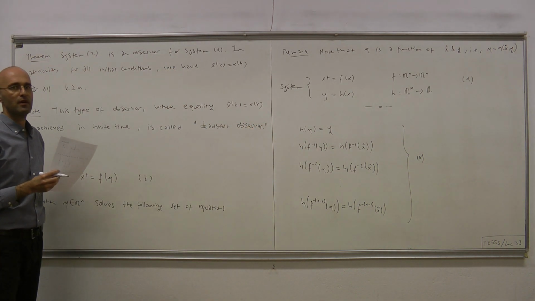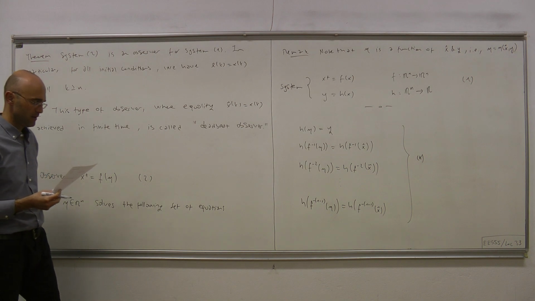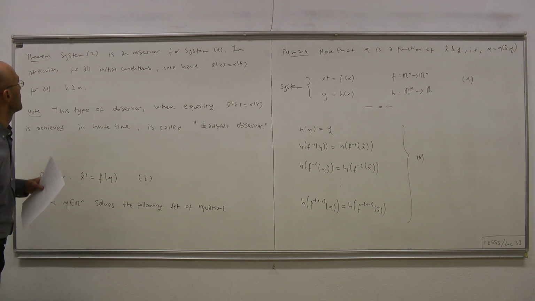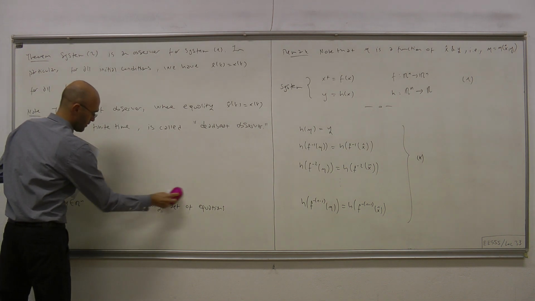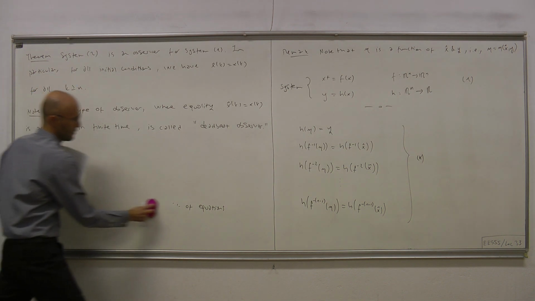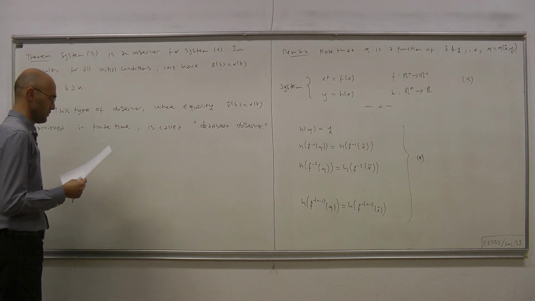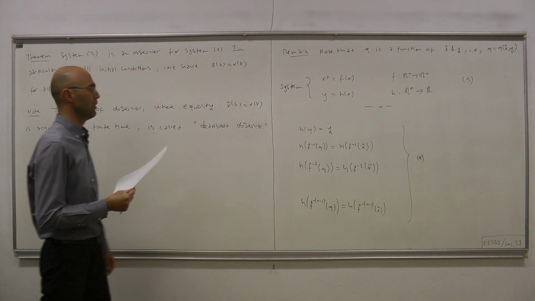Okay, so Glad's observer therefore is a deadbeat type observer. Now let's prove this theorem, which is sort of not that long a proof.